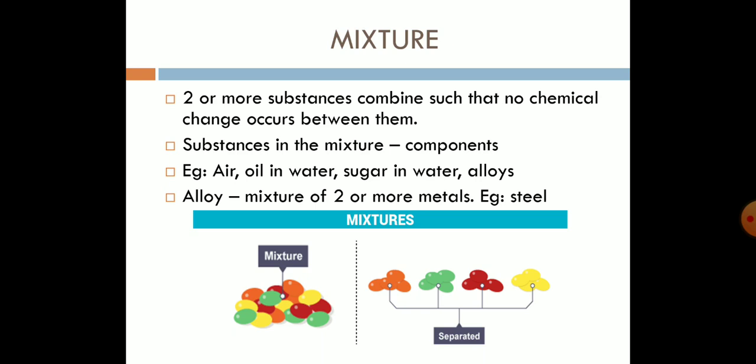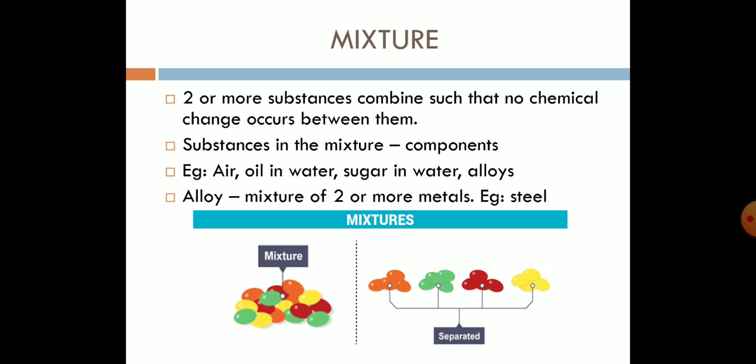See the picture. I have put some colored beads together: orange, yellow, red, green. When I put them all together, it becomes a mixture. Why? There is no chemical reaction between them. It is only a physical combination, and I can easily separate them.